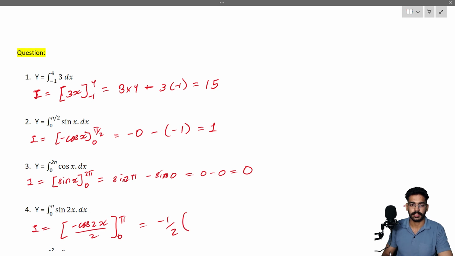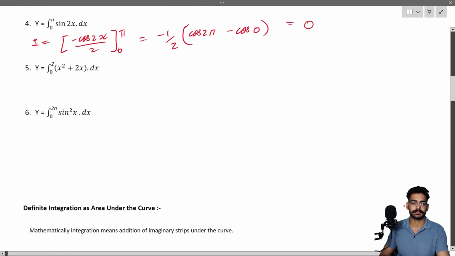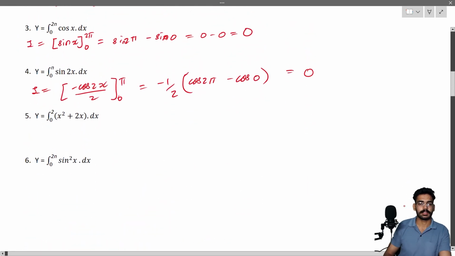For a better way I will keep it outside. So cos 2 pi minus cos 0. If you solve this, both are equal, so this is 0. Next, let's see two more questions.